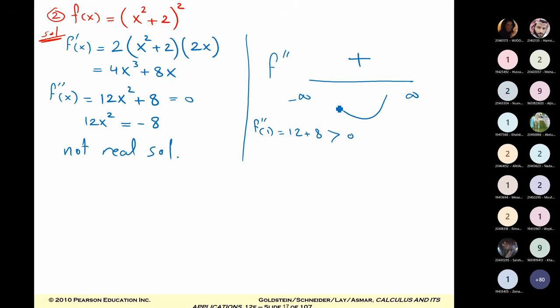Any value from minus infinity to infinity in f double prime, we can conclude that we have only positive.